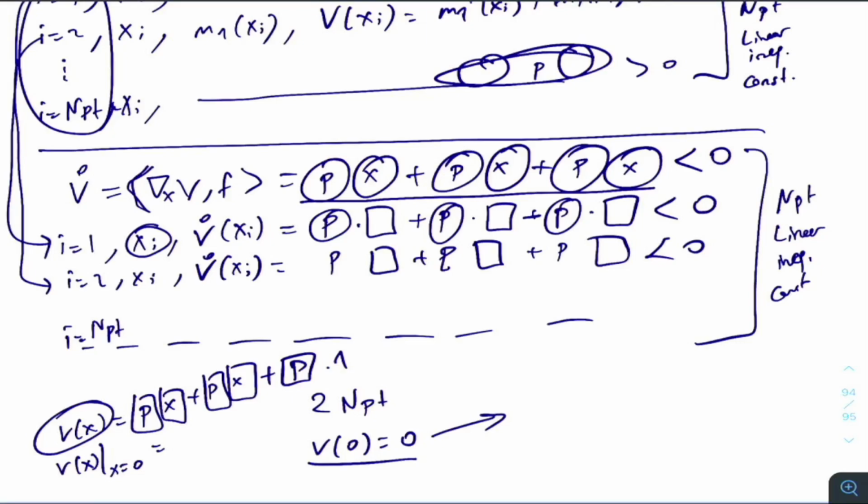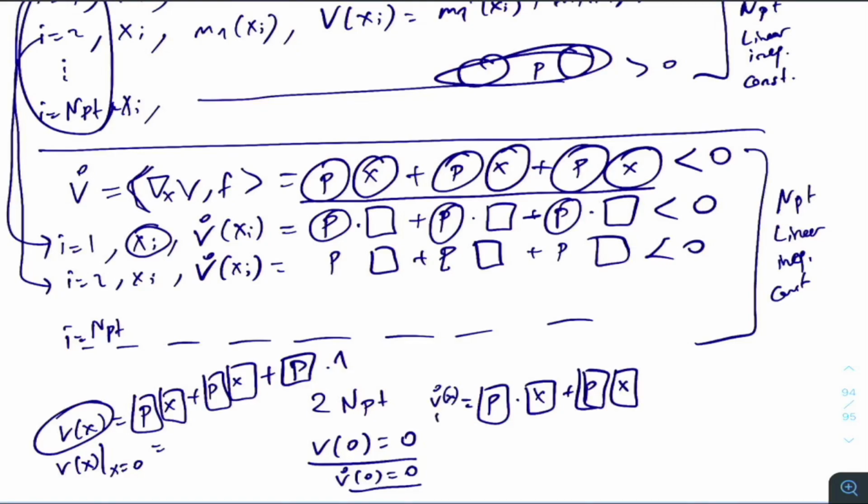And let me delete that. After that, v dot of 0 equals 0. What was v dot? V dot equals p times x plus p times x. For v dot of x, substitute x for 0, and you will have p. Again, no constant.